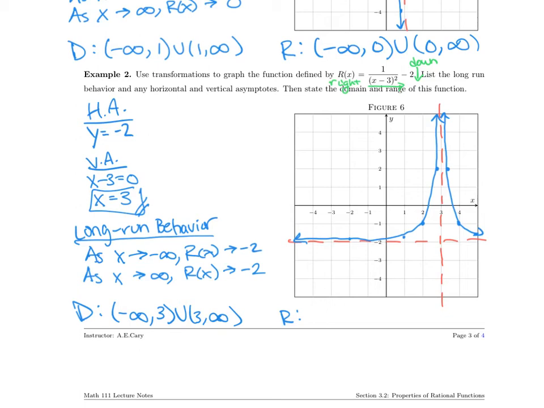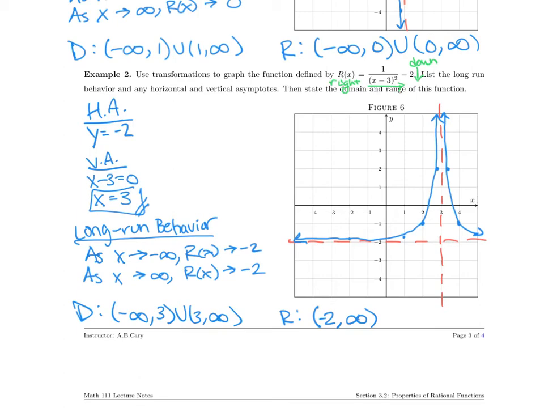So our range here is actually going to be parentheses negative 2 to infinity. And that's it. You don't have the previous piece, you don't have another interval, because that's just all the possible y values you can have.